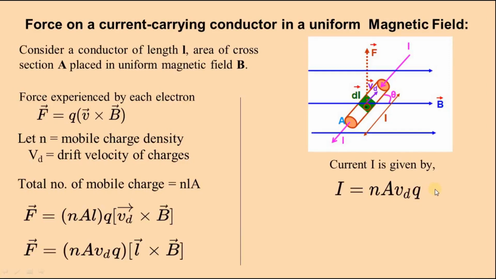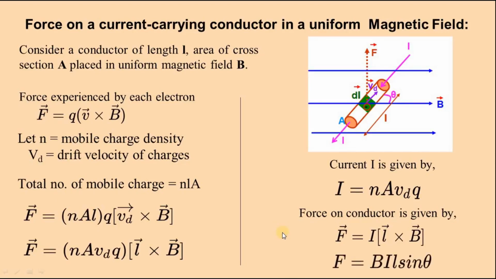So substituting n A Vd Q as I, we get the force on the conductor as F equal to I into L cross B. This can be written in scalar form F equal to I L B sin theta.